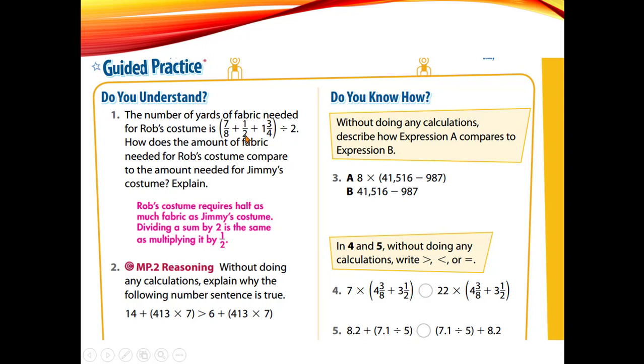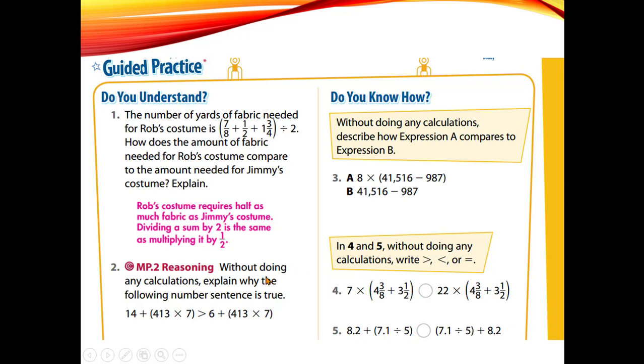If I wanted to compare Rob's costume and Jimmy's, as you see, Rob's is divided by 2, so it's half the amount. So Rob's costume requires half as much fabric as Jimmy's costume. And here is the explanation: dividing a sum by 2 is the same as multiplying it by half. So we can say half because we divided by 2.